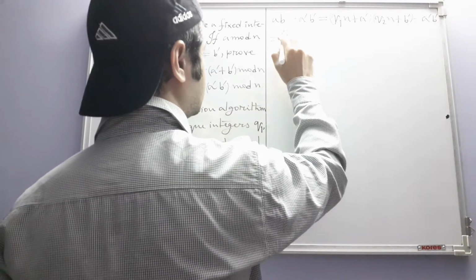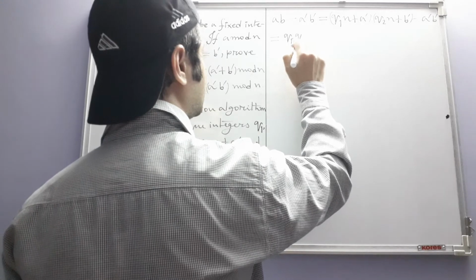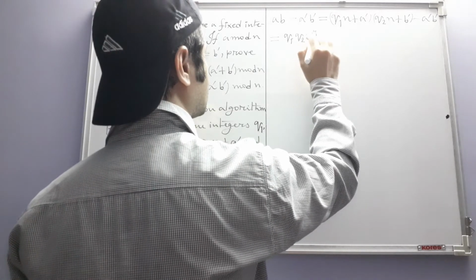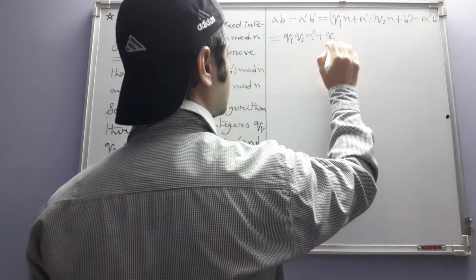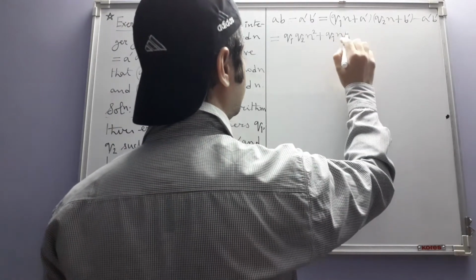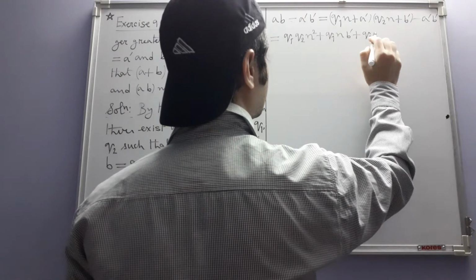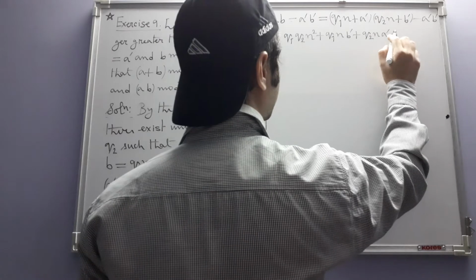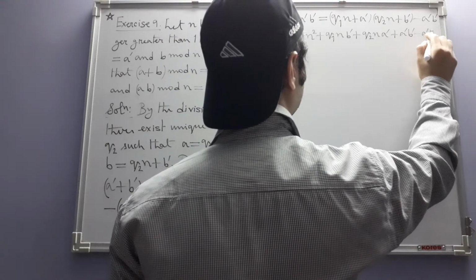This is equal to, if we perform the multiplication, we will get q1 q2 n square plus q1 n b prime plus q2 n a prime plus a prime b prime minus a prime b prime.